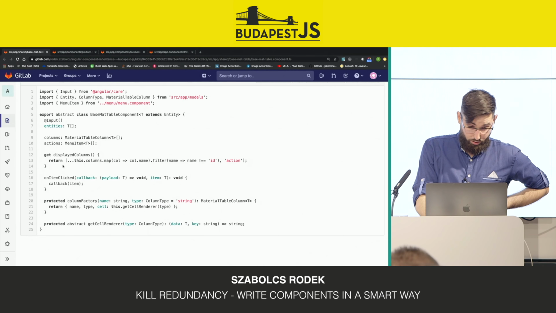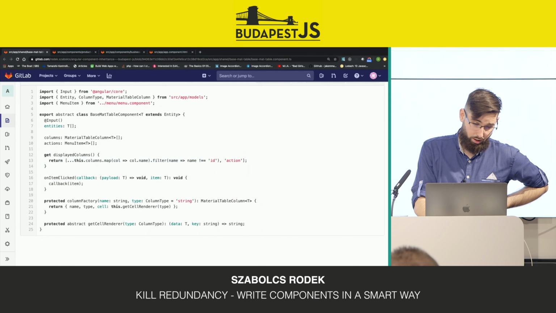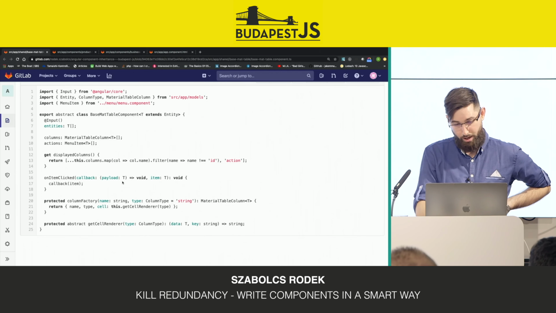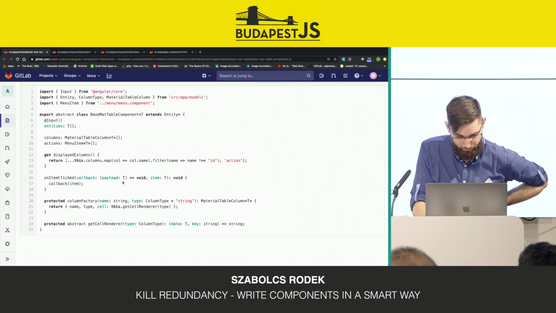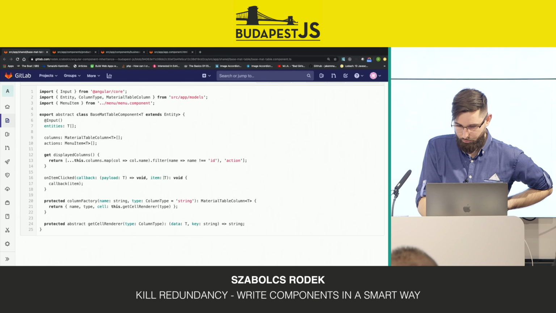So this is something you can generalize. The same goes for the onItemClicked method. The only difference with the previous implementation is that your payload has a T type instead of a specific one, and it has an item which is also T typed.